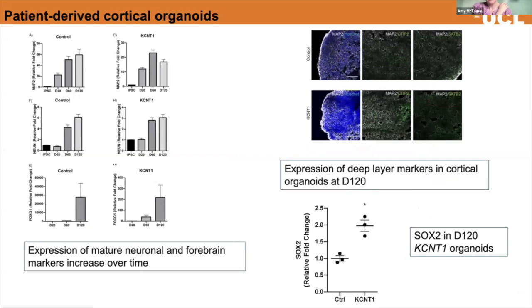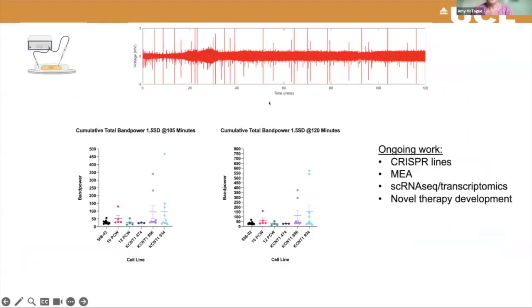What we're starting to see using QRT-PCR is that there seems to be an immaturity phenotype in the cortical spheroids from the KCNT1 lines, with persistence of progenitor markers such as SOX2 in our patient organoids, and this is ongoing work in the assembloids.